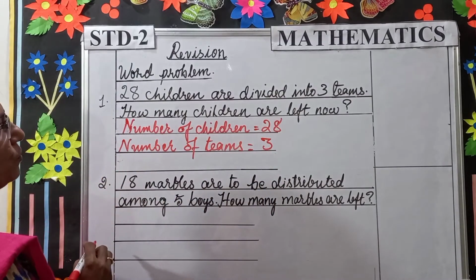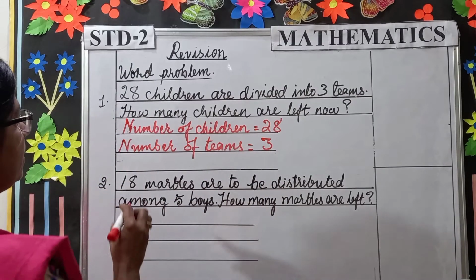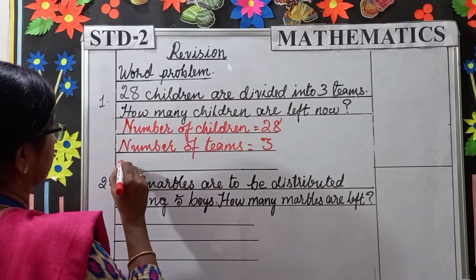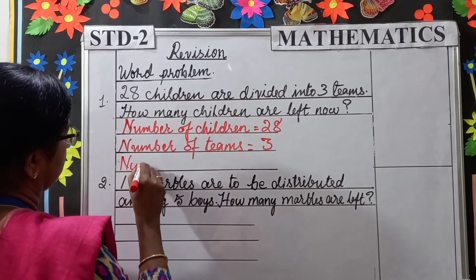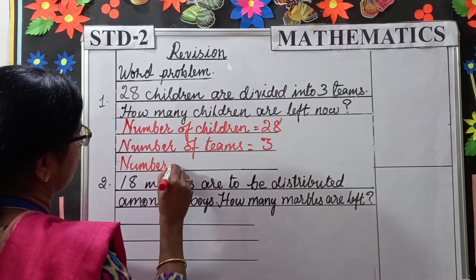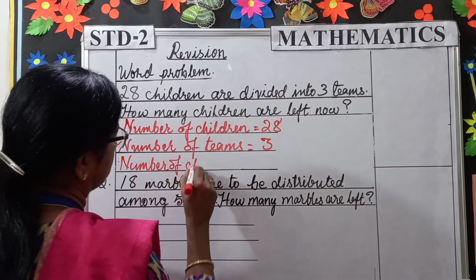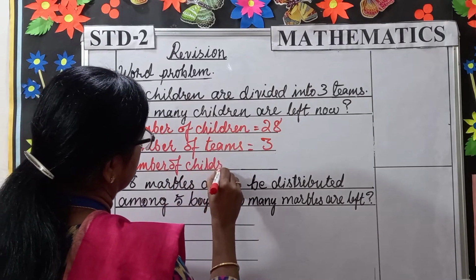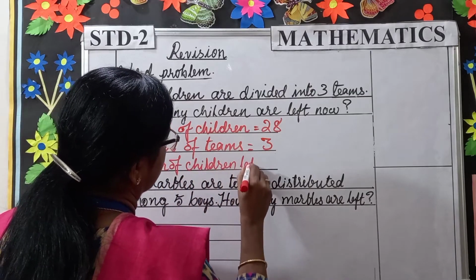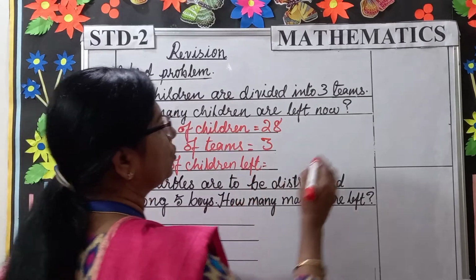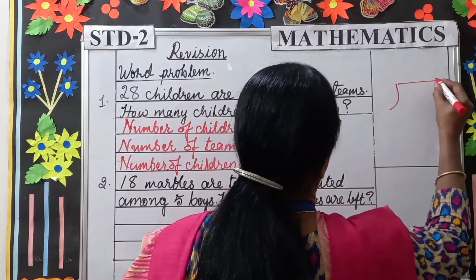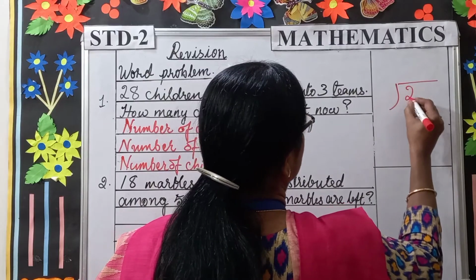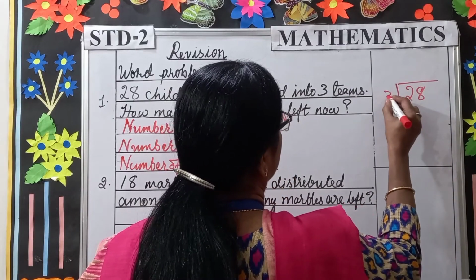Now you have to find out how many children are left. Number of children left. Now you have to do the work and find out. Let's divide. 28 divided by 3.